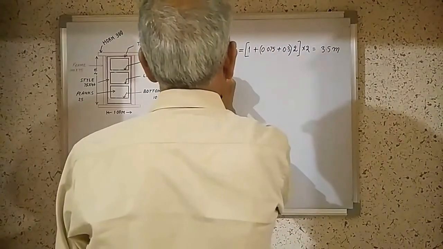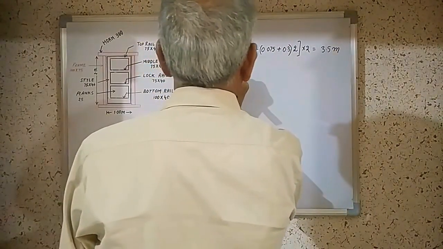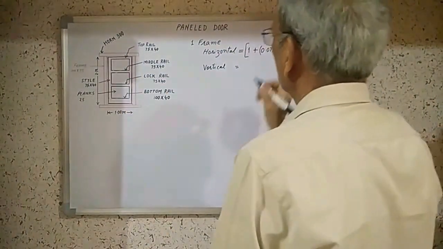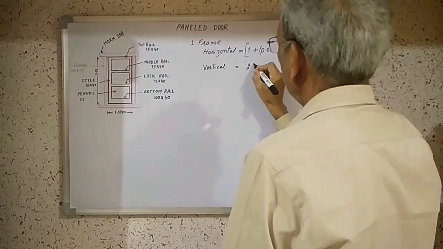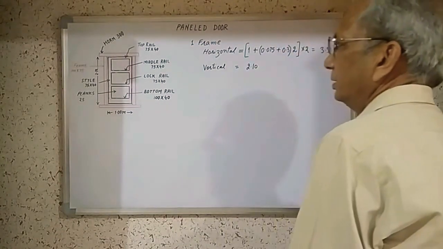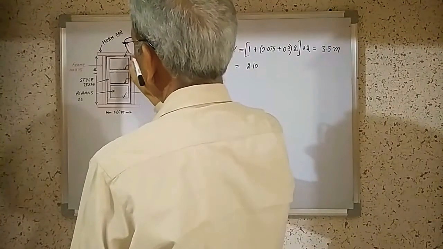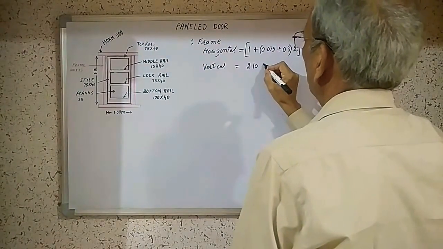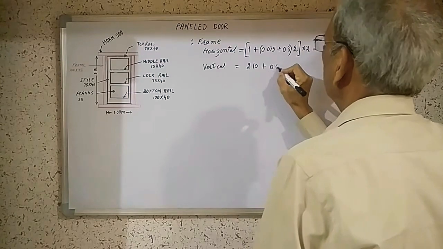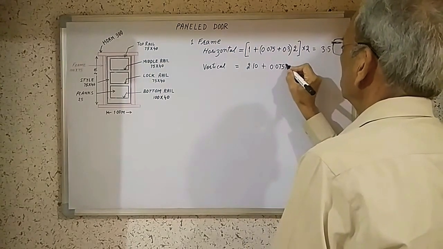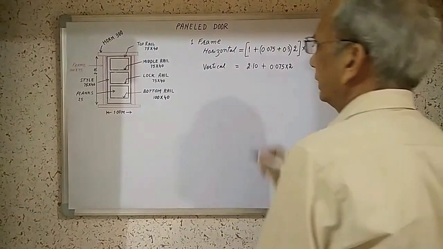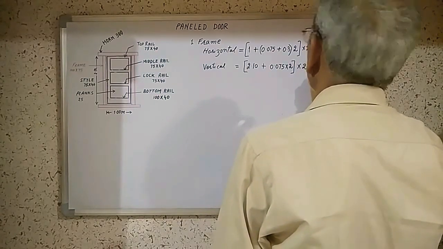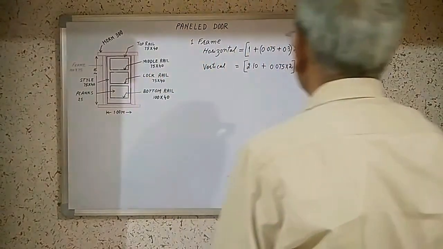Now vertical, two members. Now the internal dimension is 2.10. Here it is inserted into the top member and bottom member. Therefore we will add 0.075, two sides, multiplied by 2, then we have two members, multiply by two members, one this side and second this side.